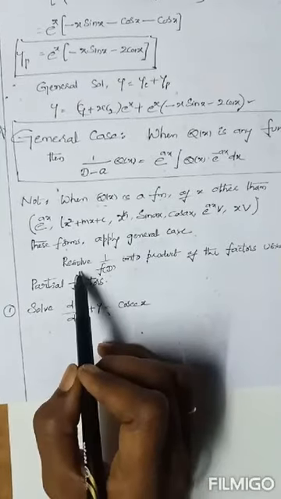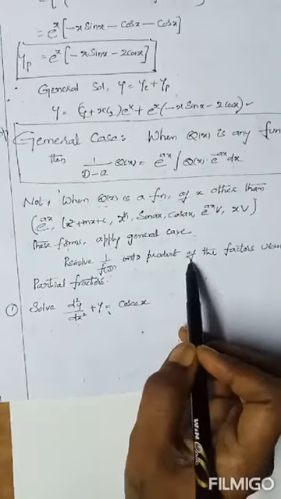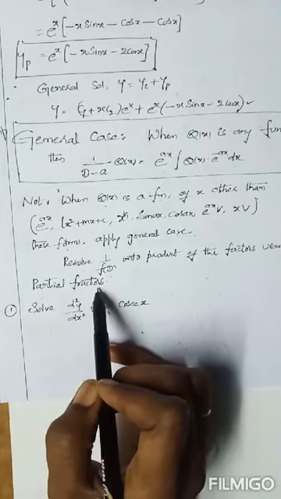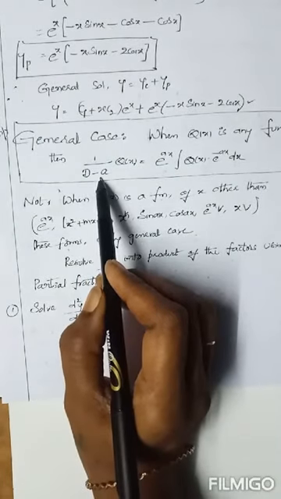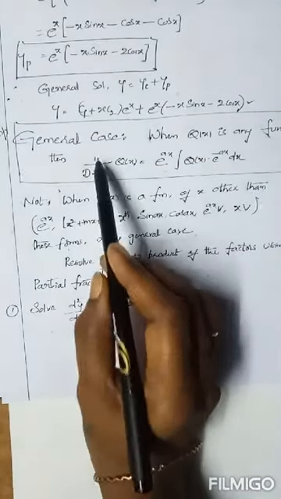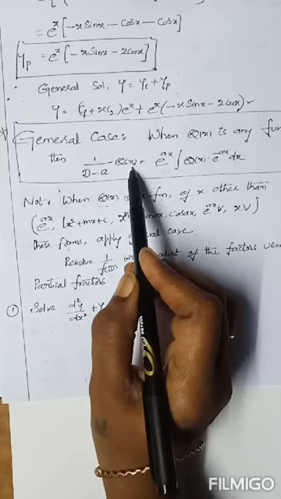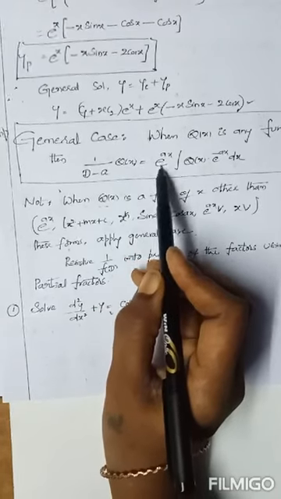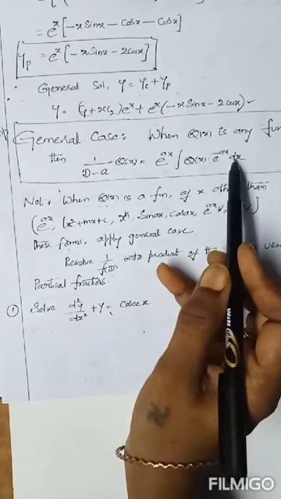For the general case, the first step is to resolve 1 by f of d into a product of factors using partial fractions. After getting the partial factors, we have to find the result using the integral formula. Instead of 1 by d, here it is 1 by d minus a of q of x. Its value is e to the power of ax times the integral of q of x e to the power of minus ax into dx.